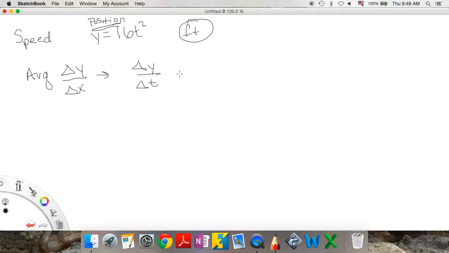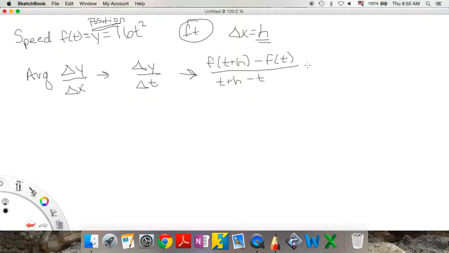Now, often instead of delta x, we'll use an h, especially when we're dealing with these time things. So the way we could write this is, if this was f at t, then we would write f at t plus h minus f at t over, and then again, of course, it'd be t plus h minus t, which is just h. So it's the same exact formula, we just changed the letters a little bit because we were talking about physics stuff.